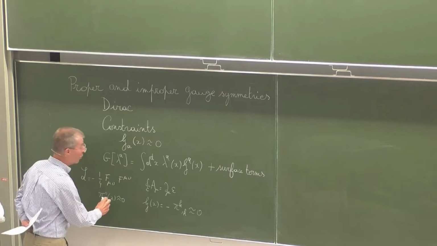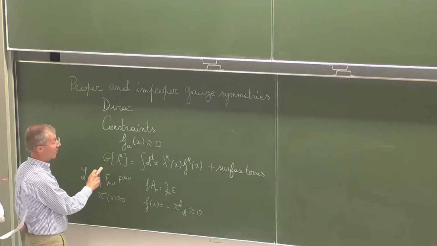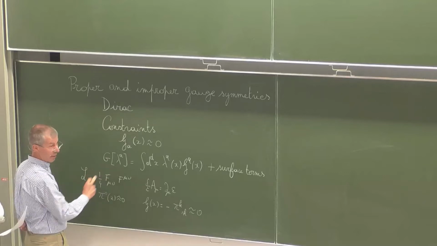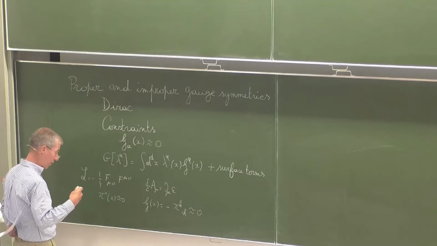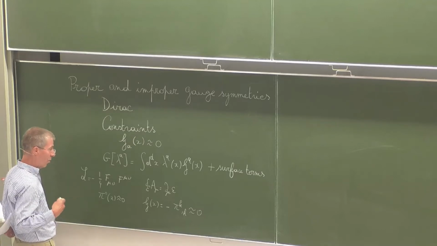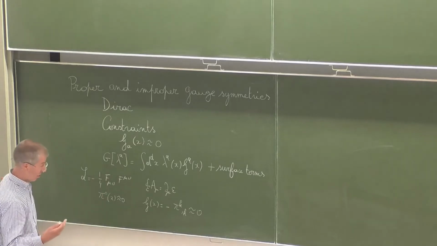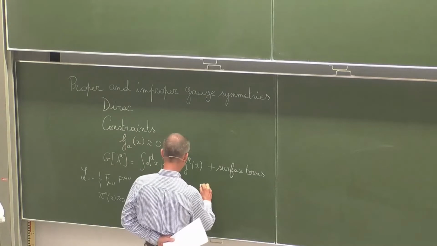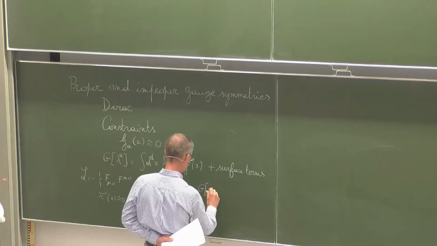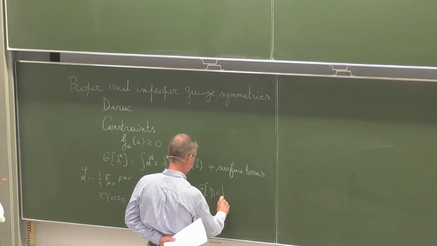And if you compute the bracket of the fields with the constraints, or more precisely, if you want to see what this expression generates on the fields, in our case we have two constraints, so there would be two parameters, let's call them eta and epsilon.